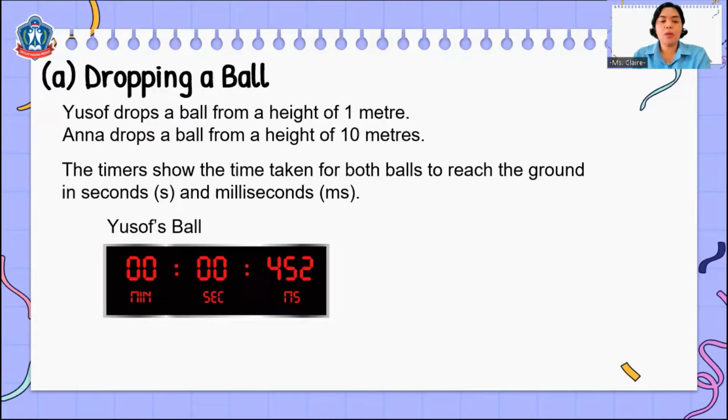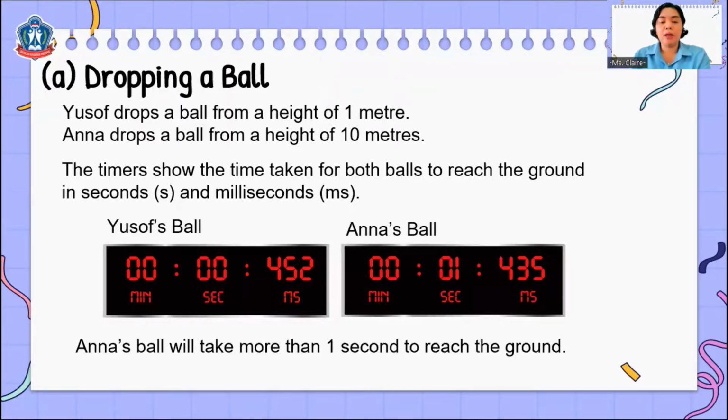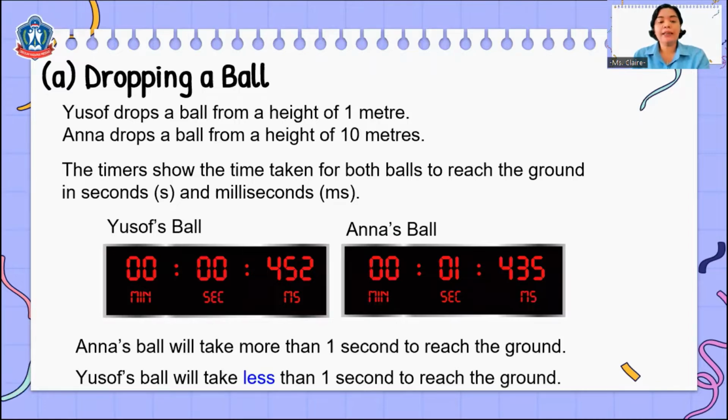It does not reach 1 second. However, Anna's ball takes 1 second and 435 milliseconds. Therefore, Anna's ball will take more than 1 second to reach the ground, and Yusuf's ball will take less than 1 second to reach the ground. Okay? So it differs depending on the height of the ball.